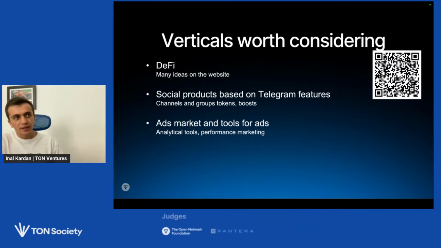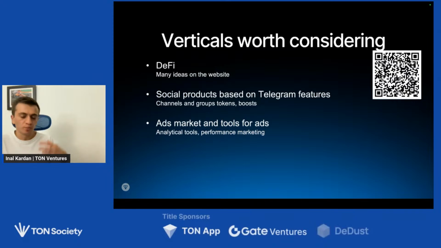recommend to build, again, ads network is just the basics. It's just a fundamental thing. On top of it, you can build a lot of things like analytical tools, for example, things related to performance marketing on Telegram, and things which are complementary to products like AdsGram is the best idea in my opinion.